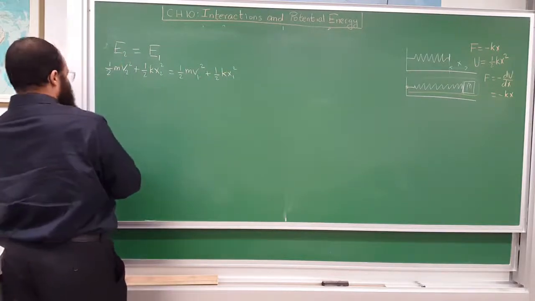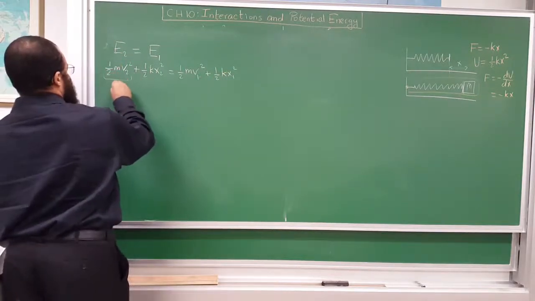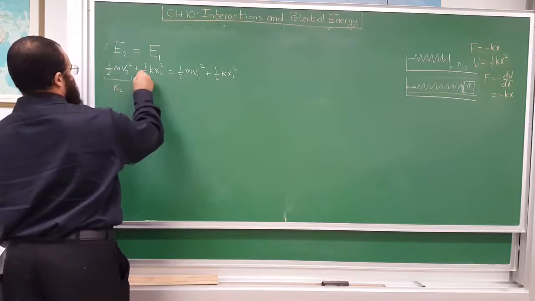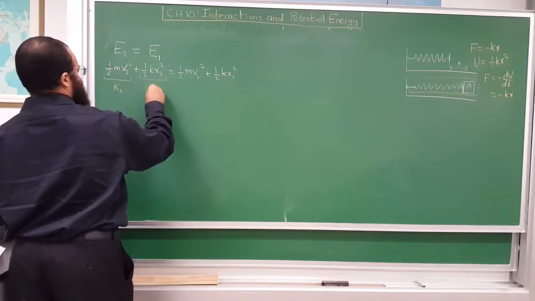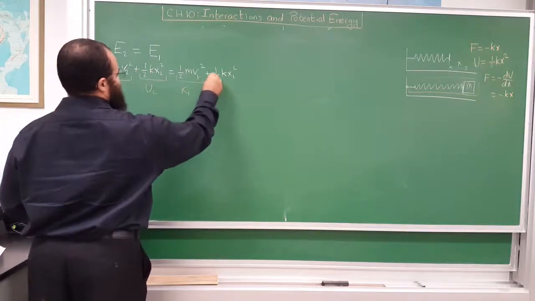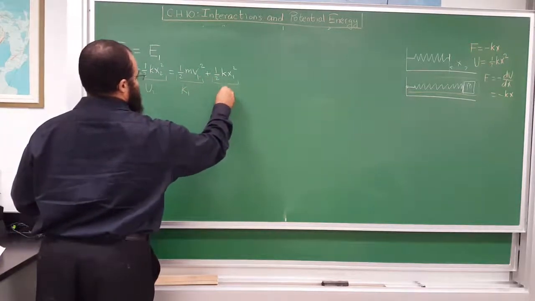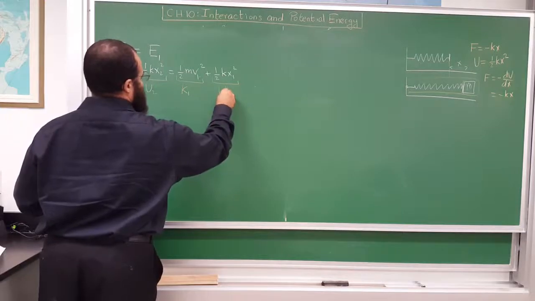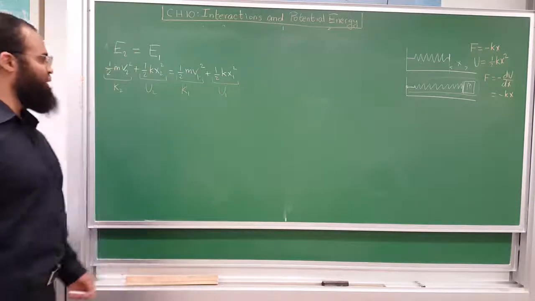Right? This is the kinetic energy at the end, and this is the potential energy at the end. This is the kinetic energy at the beginning, and this is the potential energy at the beginning. All right?